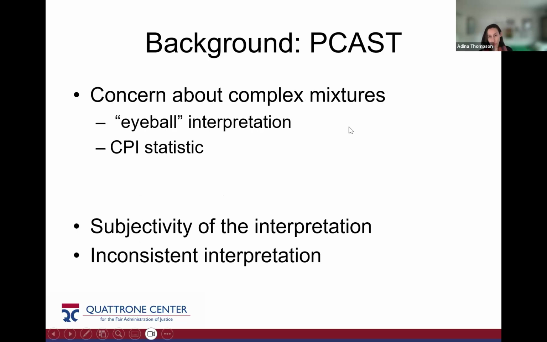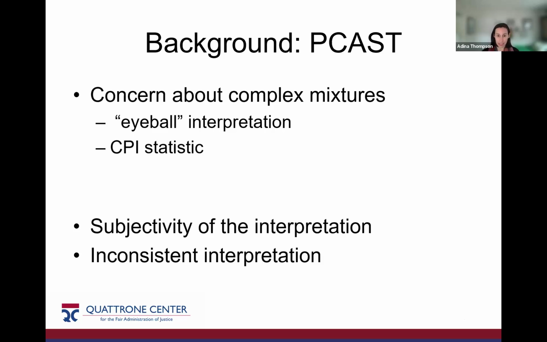So in the PCAST report, when they discussed complex mixtures, so that's mixtures of more than two people, they looked at this idea of what's called eyeball interpretation, just using judgment and no other tools to figure out how a mixture should be resolved. They also talked about concern around a statistic called the CPI, the combined probability of inclusion.